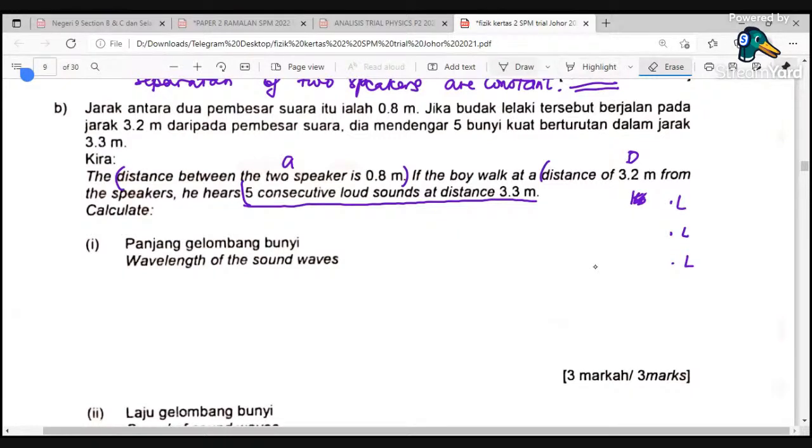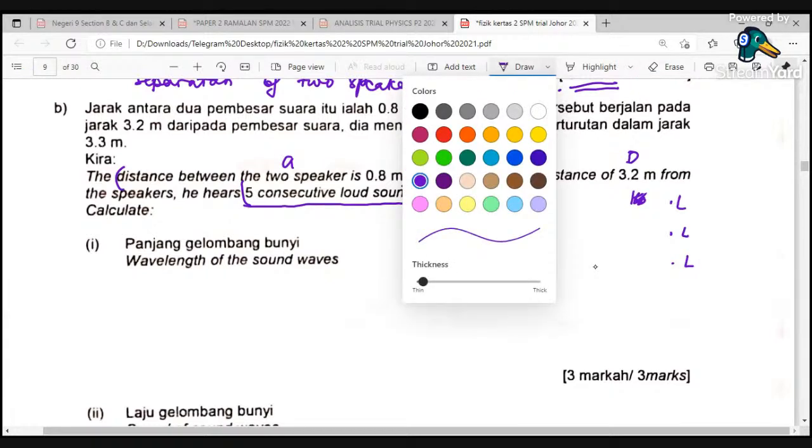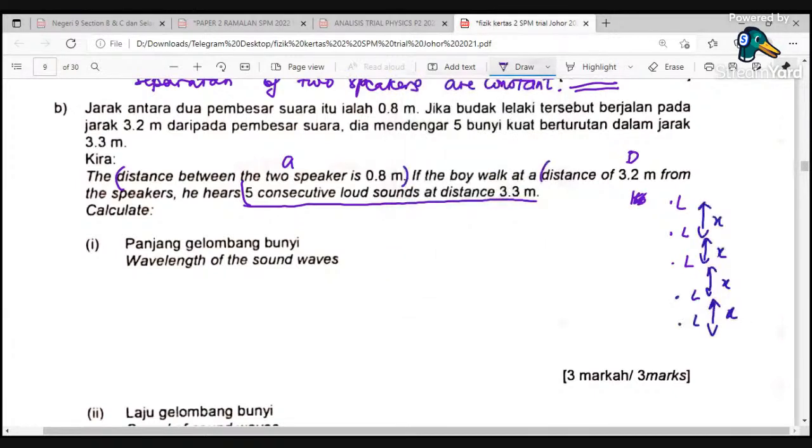Okay, saya lukis sikit supaya you nampak. Okay, ni ada 5 ni.